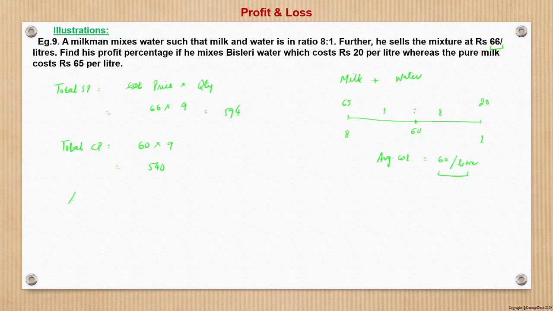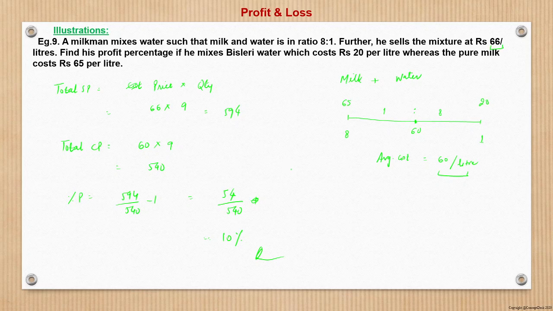Therefore percentage profit would be 594 upon 540 minus 1, which is equal to 10%. So pretty simple. This way we can solve this question.